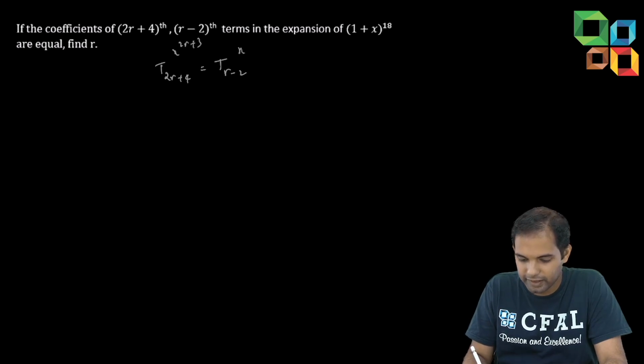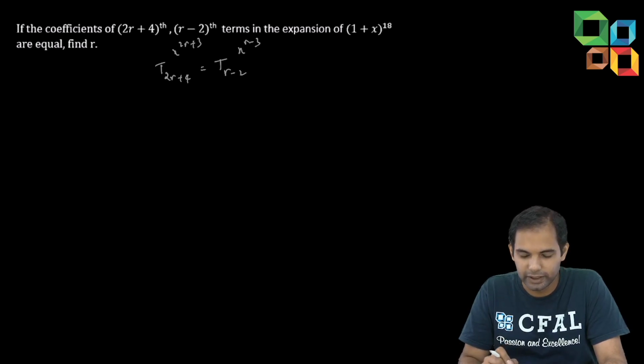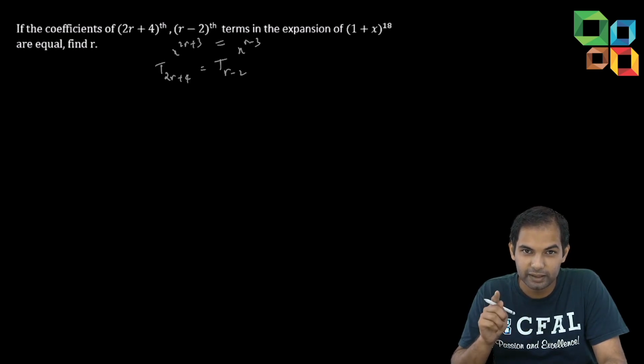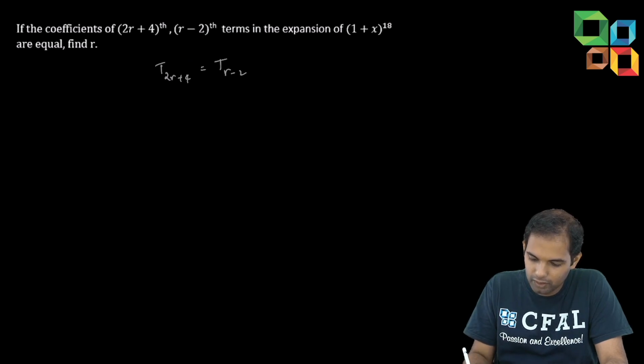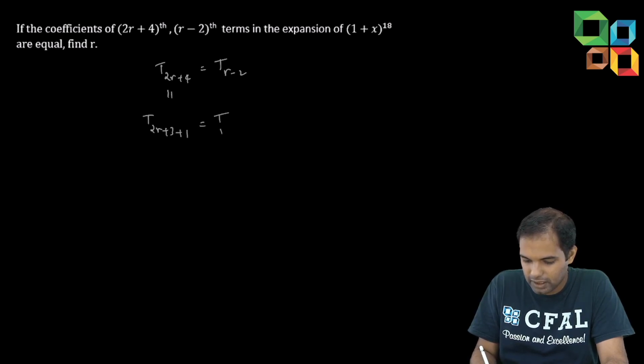This is x power r minus 3 maybe, because it should be 1 less than the term. But if you simply equate this, it will be wrong because we are not equating x powers. We are just saying the coefficients are equal. So let me write down what the coefficients are here. The coefficient of this is 2r plus 3 plus 1. Similarly, this is r minus 3 plus 1.